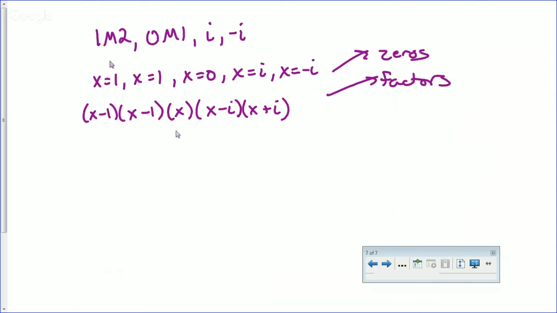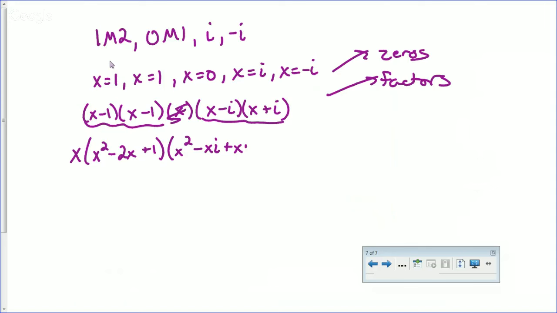So all I have to do is FOIL all this stuff out. If I FOIL this section out right here, we'll get x squared minus 2x plus 1, and we'll move this x out front. And then this one's a little bit tricky. We'll have x squared minus xi plus xi minus i squared.